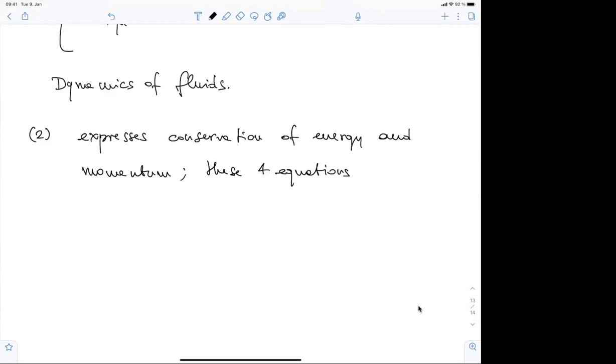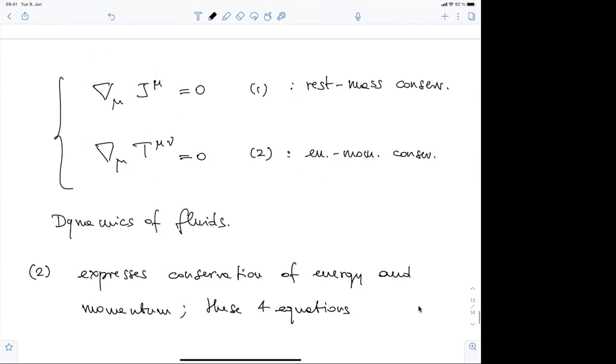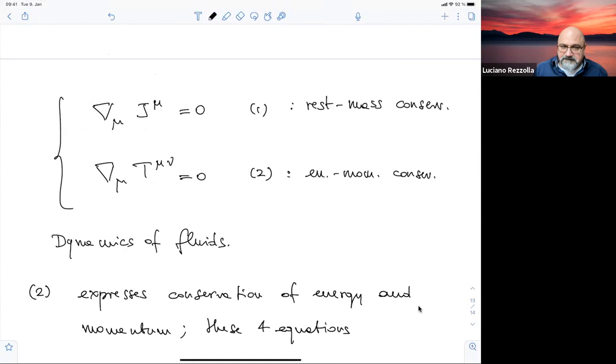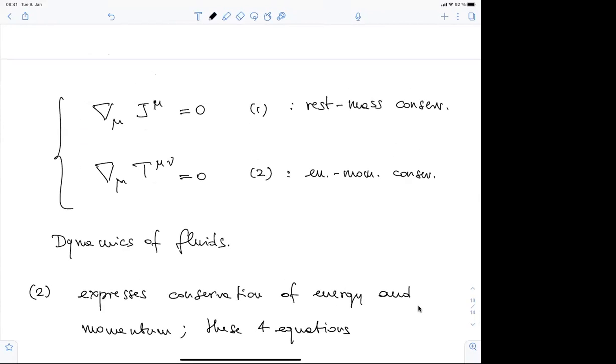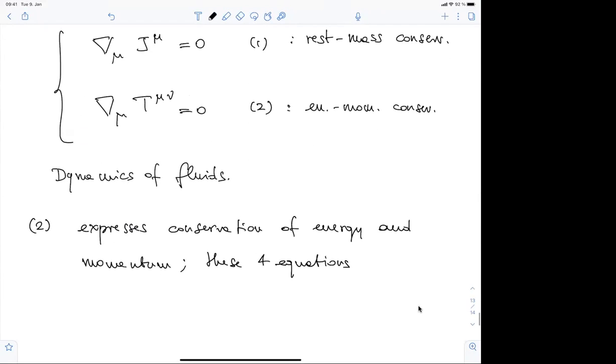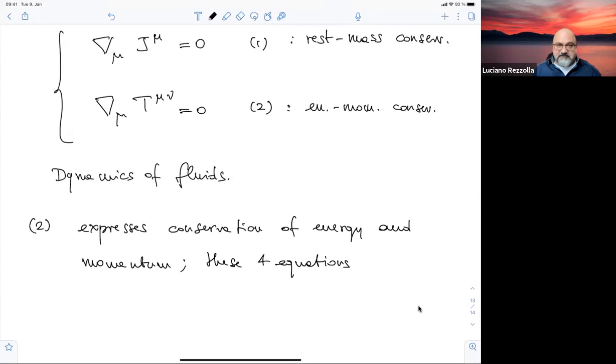Sorry, Luciano, what is 2? 2 is this one. Okay, thank you. And so the question is, these are 4 equations. Why are they 4? Because I have this index is free, and so I have 4 slots for nu.